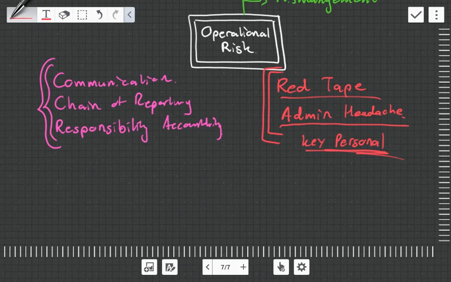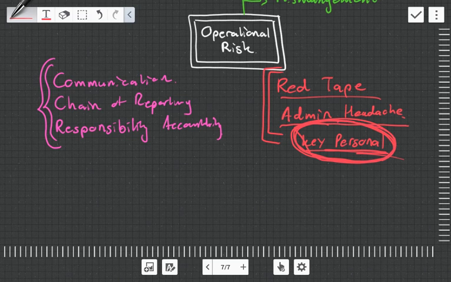They're not encouraged, but because of all the administrative headache and red tape, they want to leave. They think, you know what, I'm sick and tired of dealing with all this bureaucracy. I don't want to have to fill in a form every time I want to go to the bathroom. I'm quitting. I'm taking early retirement. So that is one of the problems with having all these chains of reporting: it can upset some of your key personnel.